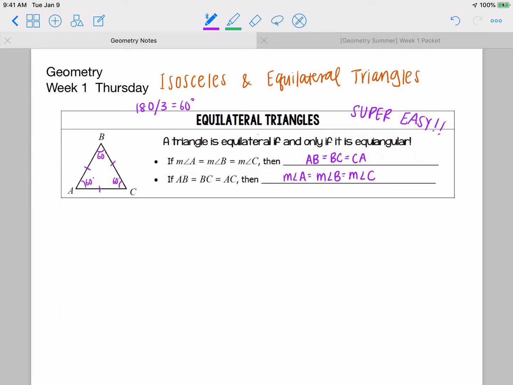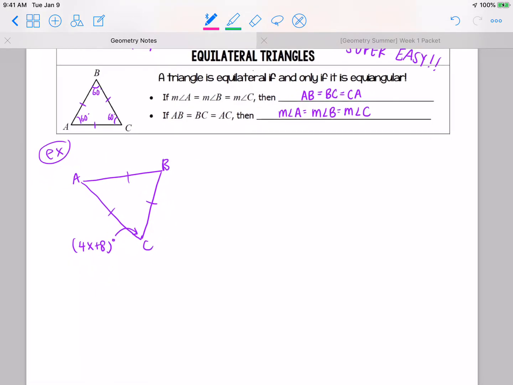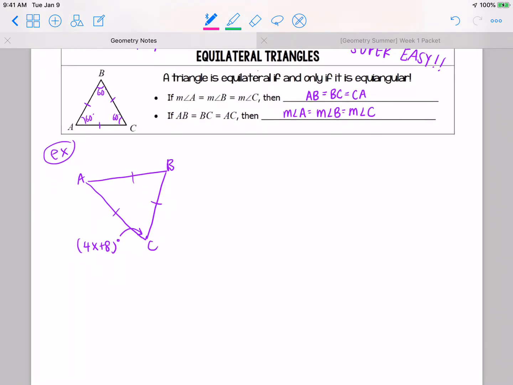Okay, let's do two examples. If I have A, B, and C, and we say that these three lengths are the same, and they ask you for x plus 8 degrees, how would we find x? All we know is that the three lengths are the same.